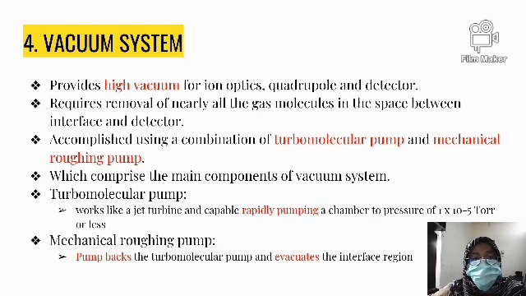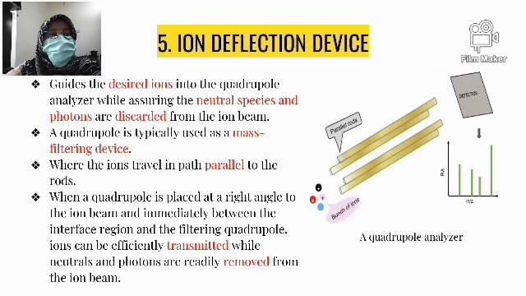So the fifth component in ICP-MS is the ion deflection device. It guides the desired ions into the quadrupole analyzer while assuring the neutral species and photons are discarded from the ion beam. A quadrupole is typically used as a mass filtering device where the ions travel in a path parallel to the rods.